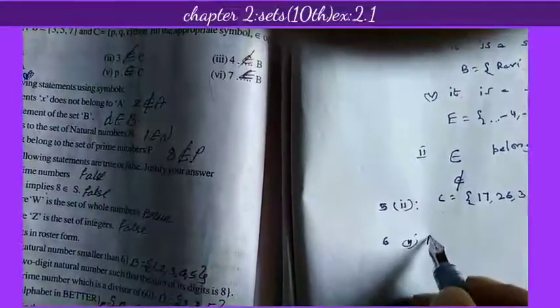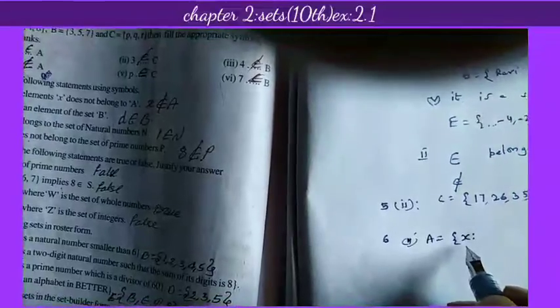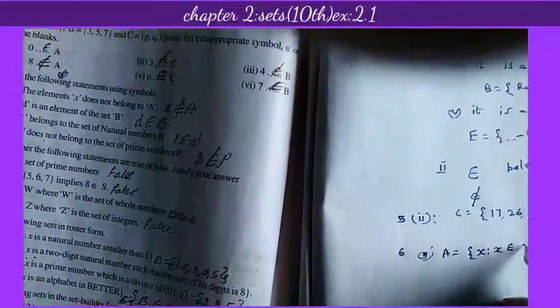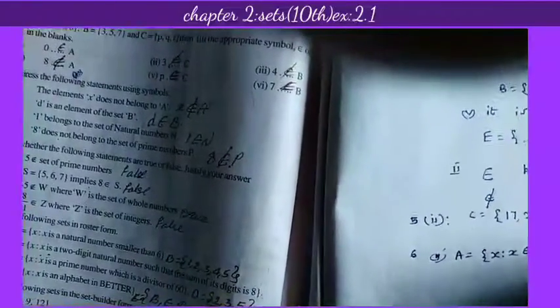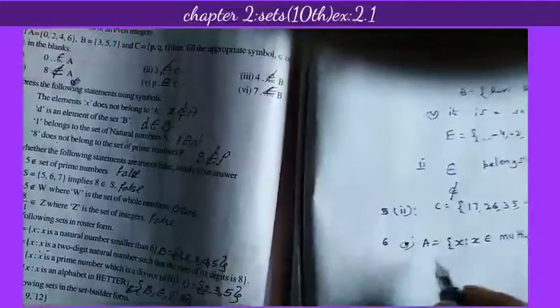So I take it as a set A. Every element x in that set belongs to multiples of 3 less than 13.